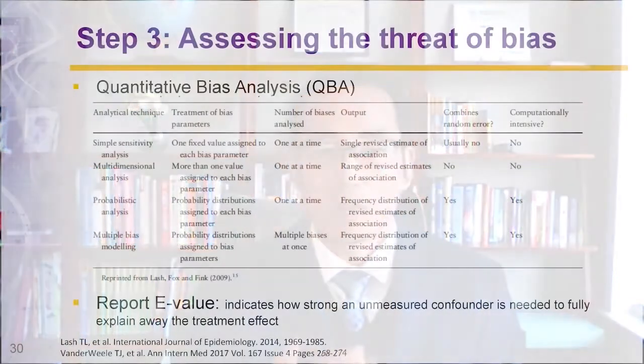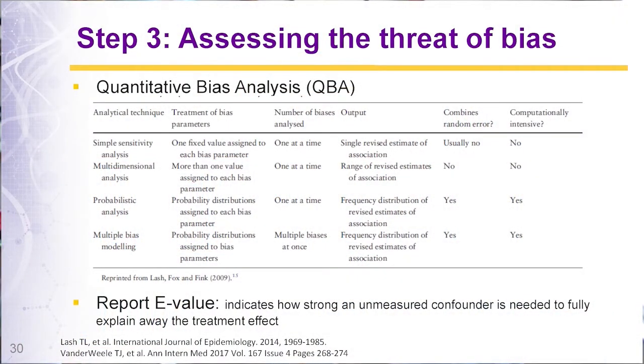So these are all kinds of sensitivity analysis that help us assess the threat of bias. Some people also like to report the E-value. This indicates how strong an unmeasured confounder would need to be to fully explain away the treatment effect. This is a sensitivity analysis to help us assess the threat of bias for step 3.